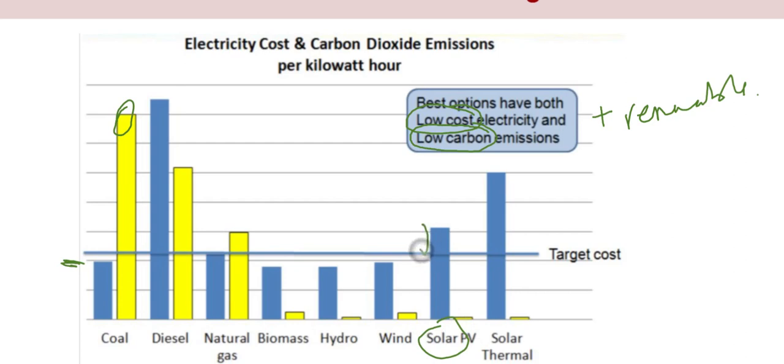If we can get that cost down to the target and keep the carbon dioxide levels down, then we've got something to work with, right? And you can see why the move to natural gas: the carbon dioxide levels are down and the costs are down. Remember, methane is released with natural gas, but that's not accounted for in this graph.